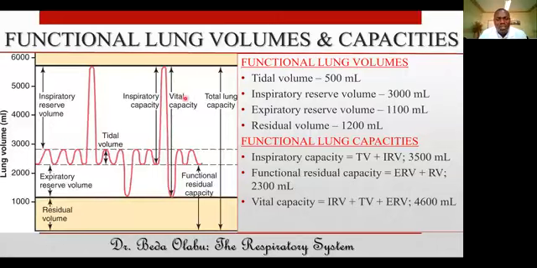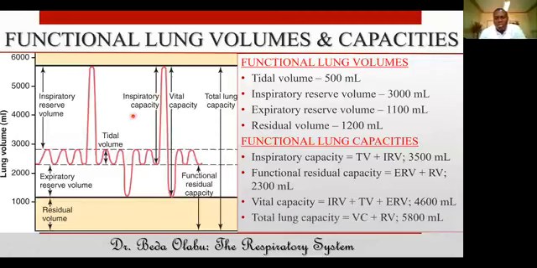Then you get the vital capacity. So it's the volume of air that can be forcefully inhaled after forceful exhalation. That is what we're calling the vital capacity.